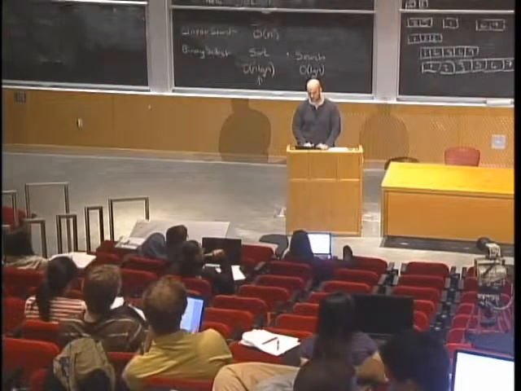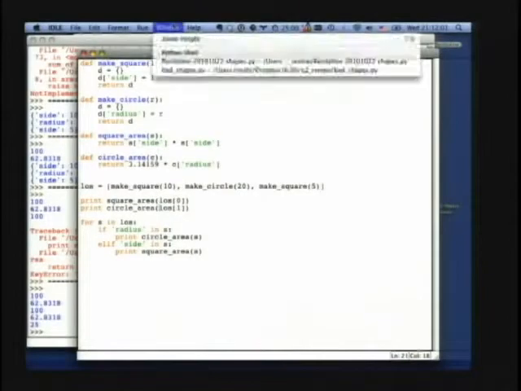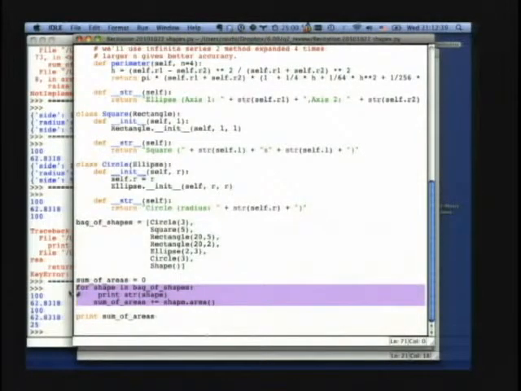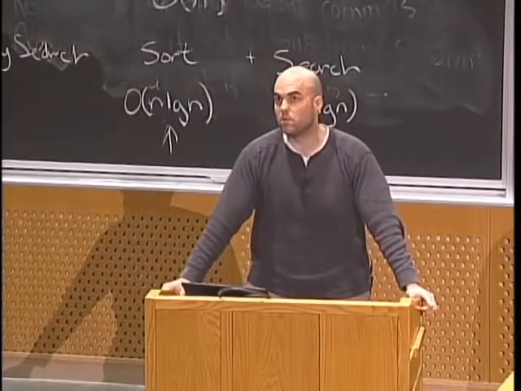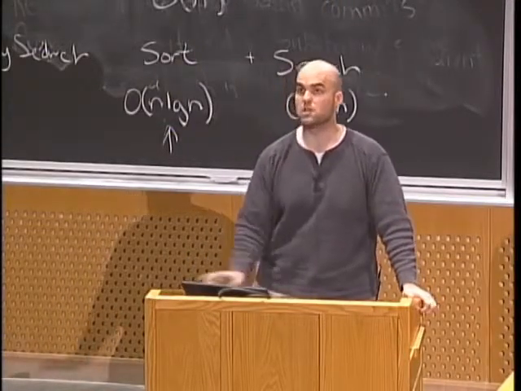Whereas if I invest a little bit of time in a class hierarchy, I can do this much more easily, much more cleanly. It's a way of kind of abstracting from the problem. You don't have to worry about the details of the individual shapes.